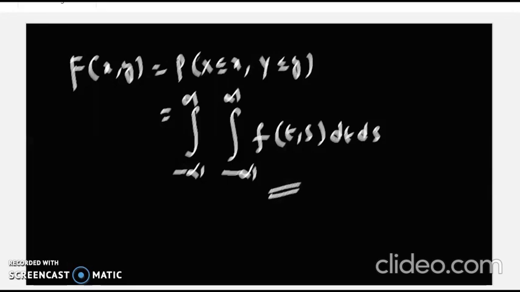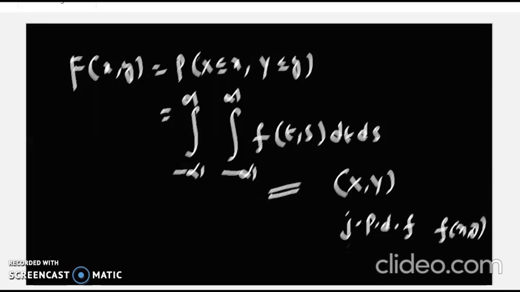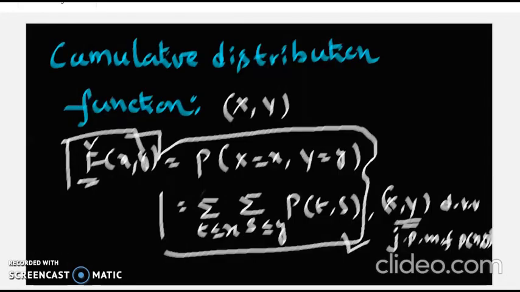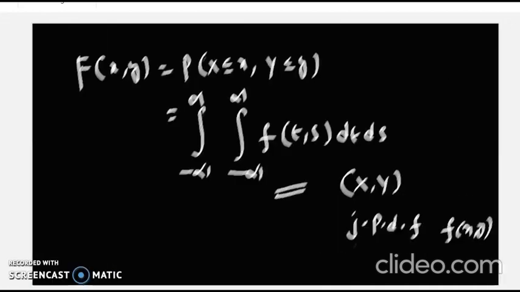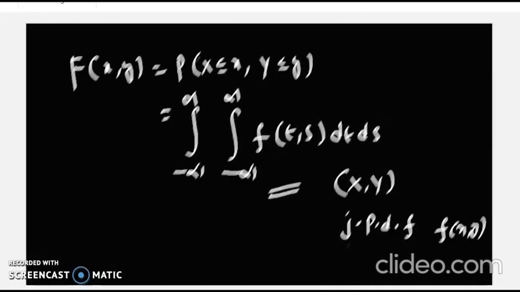Here we are using two integrations because it is a two-dimensional case. This formula can be used only if x comma y are continuous random variables with JPDF, the joint probability density function f of x comma y. And here we conclude that the cumulative distribution function has two formulas. If x comma y is a discrete random variable, we have one formula, and if it is a continuous random variable, we have another formula.